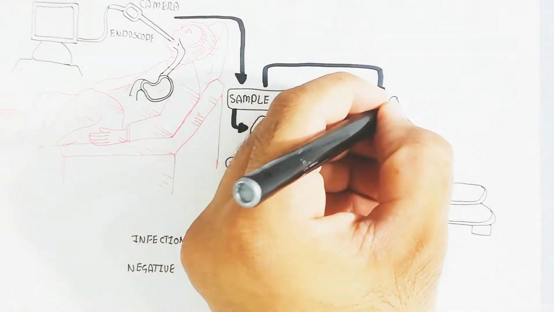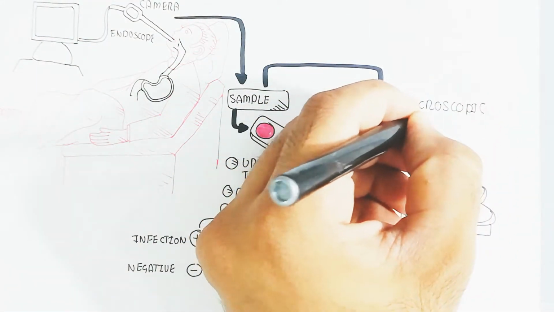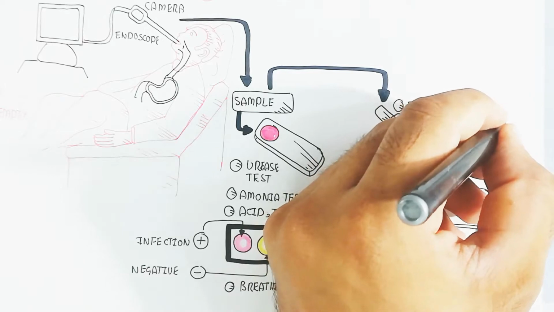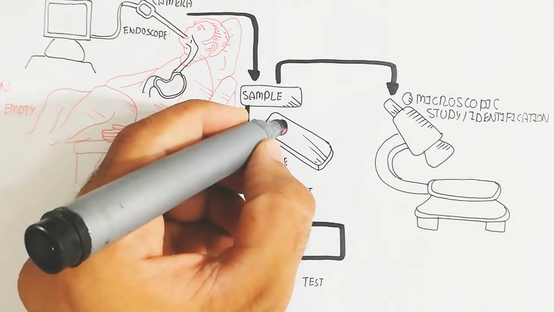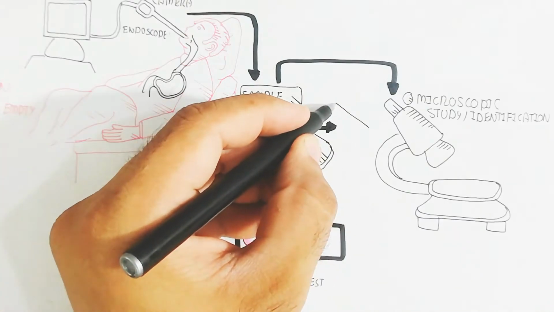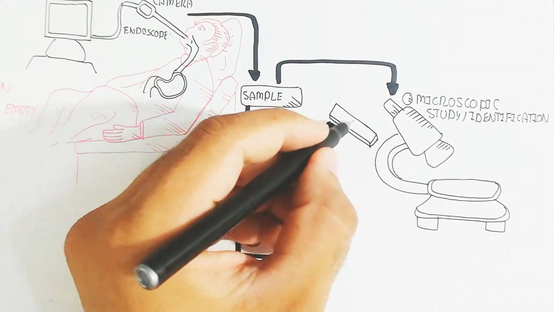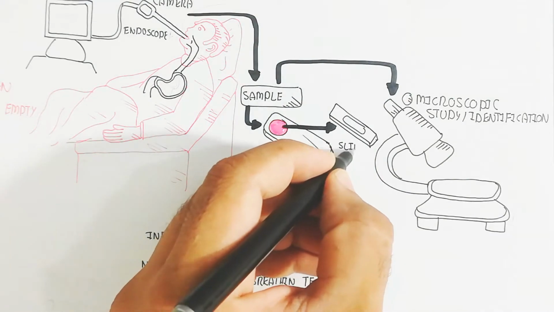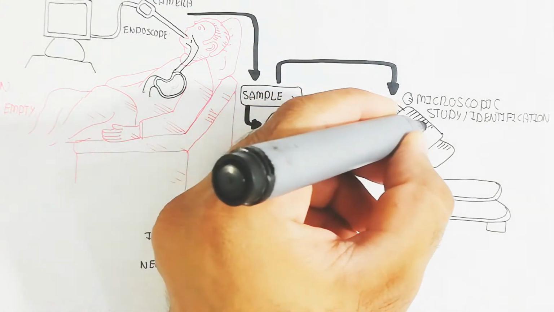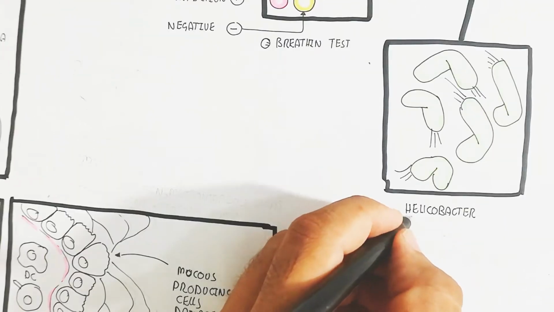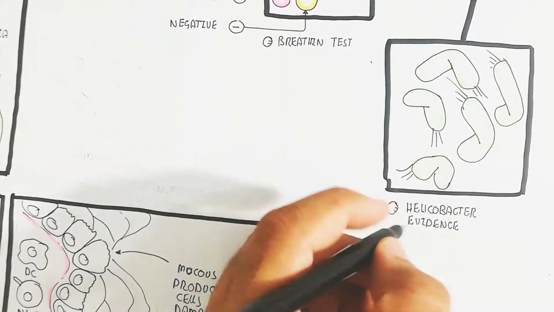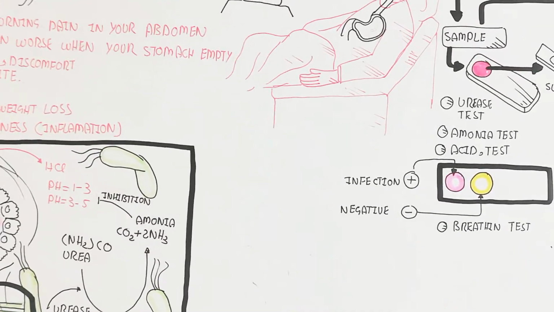On the other hand, here you can see the microscopic study for identification of Helicobacter through slide preparation for visual identification through a microscope, and if Helicobacter is present in the slide, it means Helicobacter is positive and this infection is positive.